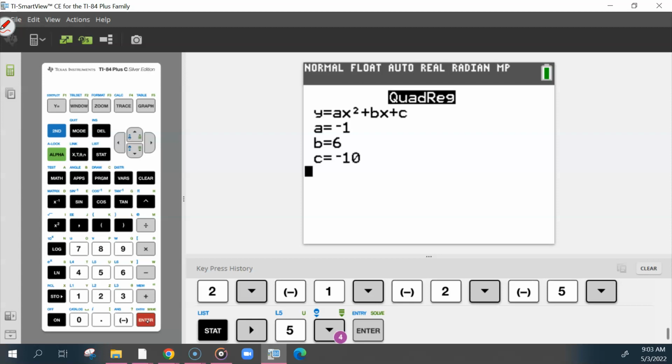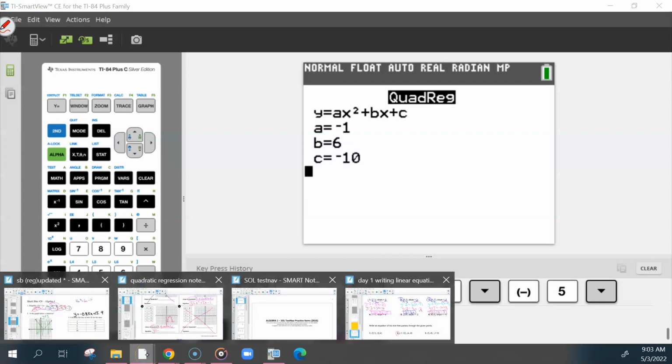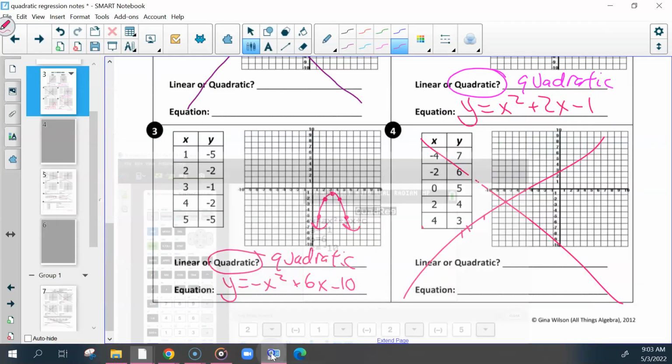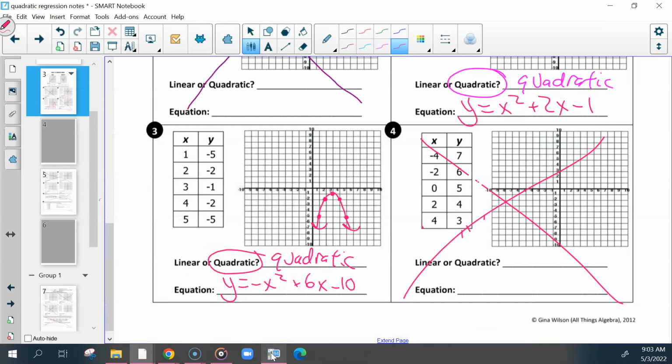Y equals negative x squared plus 6 minus... So far, do we have any questions on how we find quadratic regression? L2 and L5, or L3 and L5. It's looking for A.